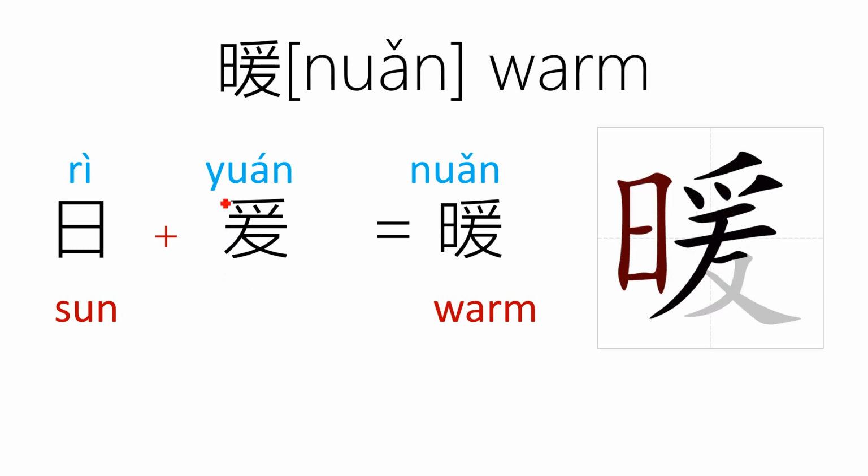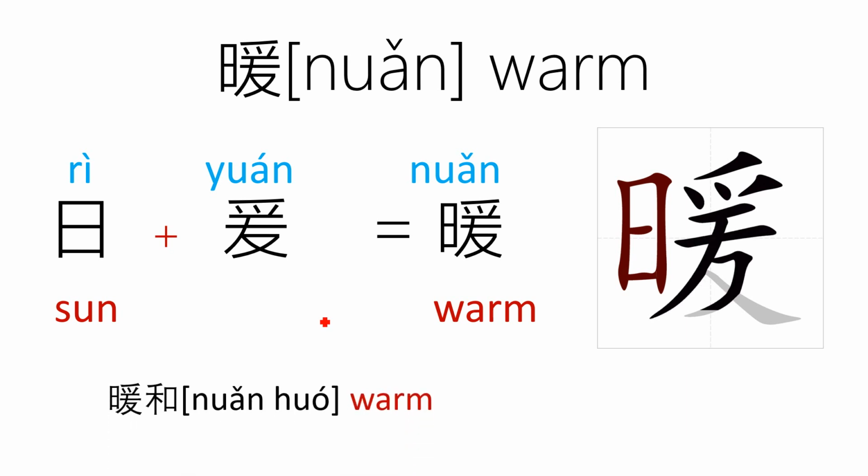So it only indicates the pronunciation. So 元 and 暖, it's not very similar, but it has some similarities. So 暖 means warm, and if we say warm as a word, we say 暖和. 很暖和. You can say 今天很暖和, today is very warm.